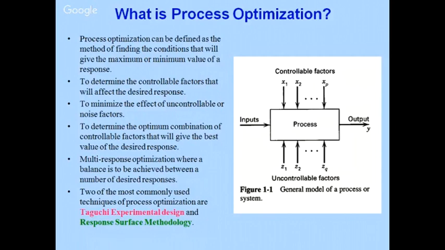So what we need to do is we need to have a multi-response optimization where a combination of all those factors is reached. And lastly, two of the most commonly used techniques for process optimization are Taguchi experimental design and response surface methodology. Both these methods are very commonly used in our research work, maybe at MTech level, maybe at PhD level.